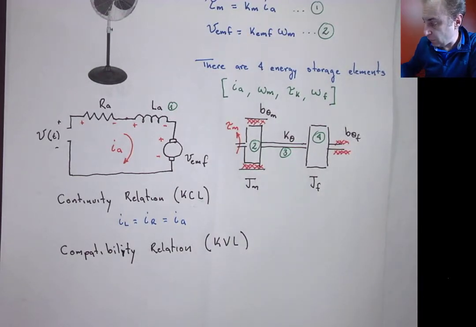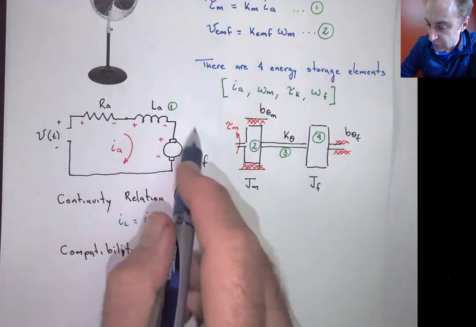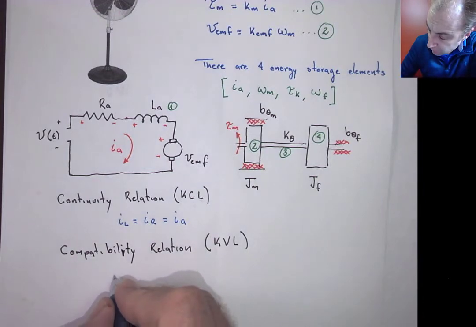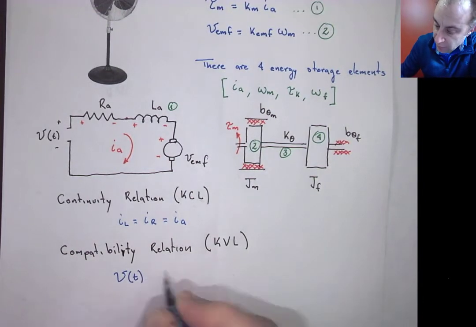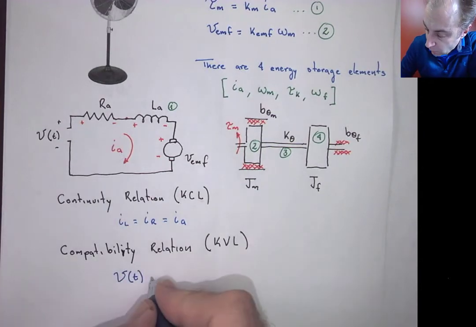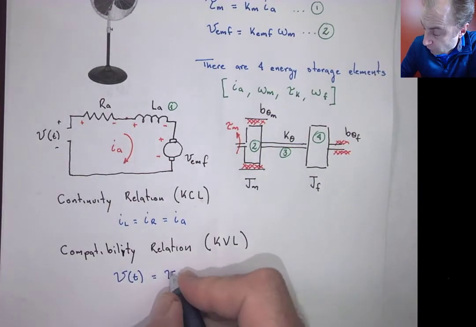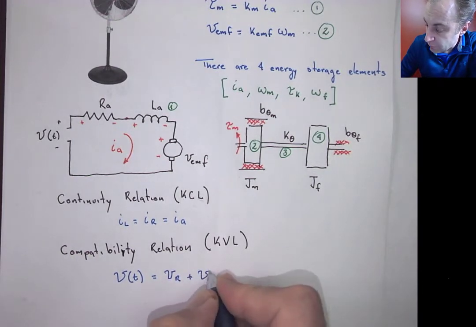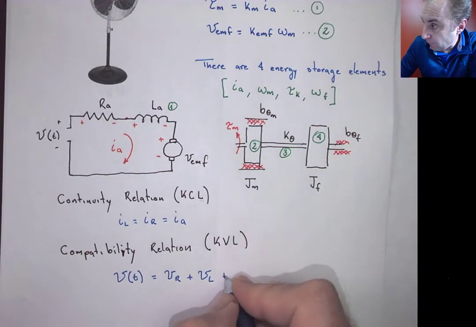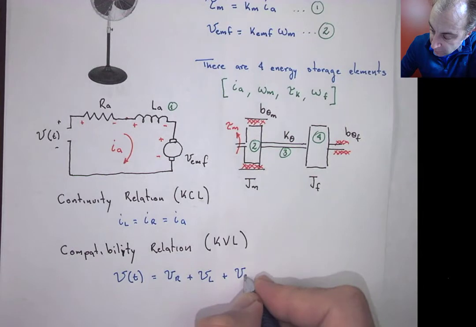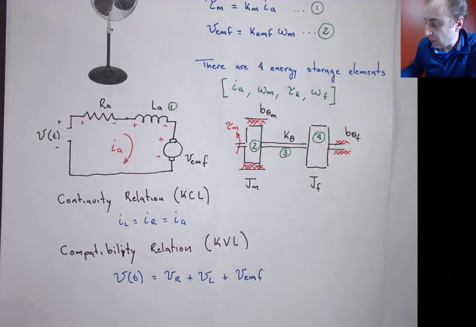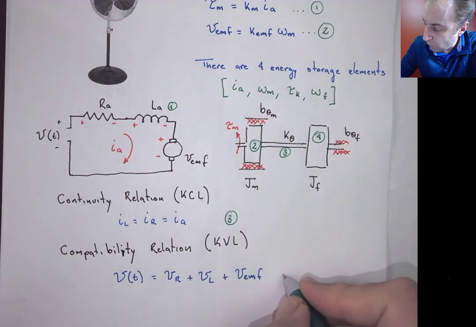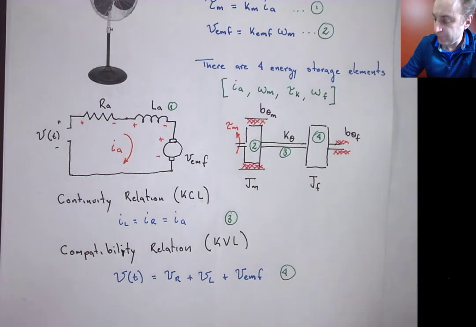And that is going to be the sum of all the voltages around this loop must be equal to 0. So we're going to have that the input voltage is going to be equal to the voltage at the resistor plus the voltage at the inductor plus the EMF voltage. Okay, so let's label these ones as equation 3 and equation 4.